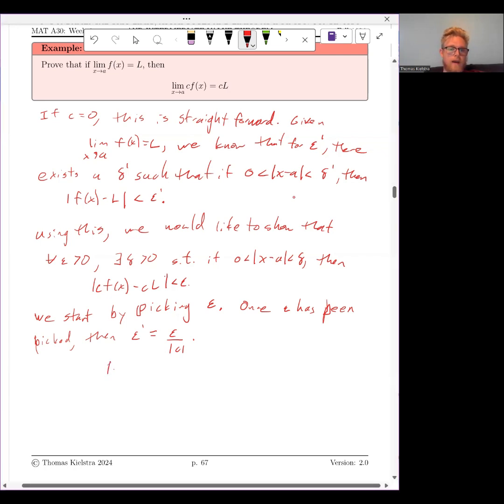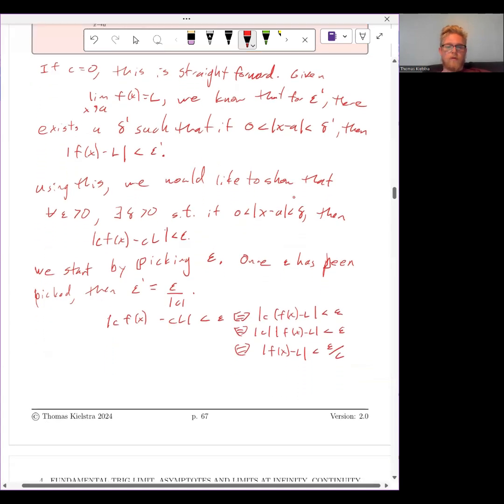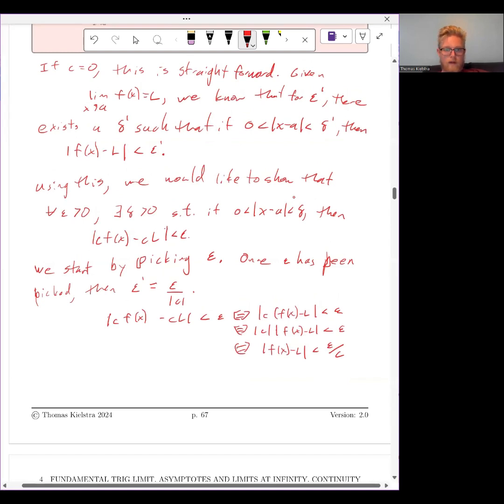Well, the absolute value of c f of x minus c L is less than epsilon if and only if the absolute value of c times the absolute value of f of x minus L is less than epsilon, if and only if the absolute value of f of x minus L is less than epsilon over the absolute value of c, which equals epsilon prime.